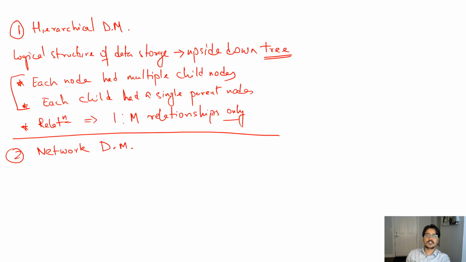It helped us achieve two things. First of all, it of course improved upon the hierarchical data model structure, but it helps to establish M:N relationships.